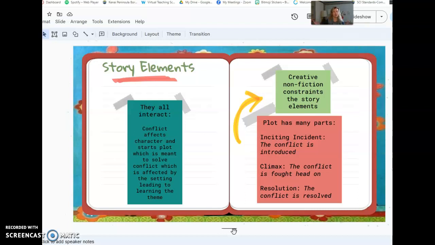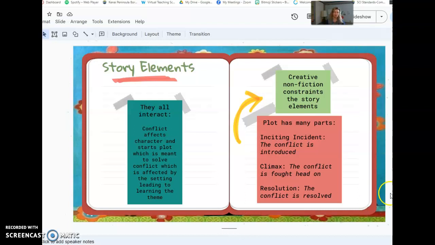Well, that's setting, and if it starts to snow, that might make it more difficult, or if it rains really heavily, it might make things more difficult to solve the conflict. So setting also affects how the characters can solve the conflict. And then all of this leads to them discovering the theme and the lesson, which usually comes through near the end of the story, specifically with the resolution, which we'll talk about momentarily.